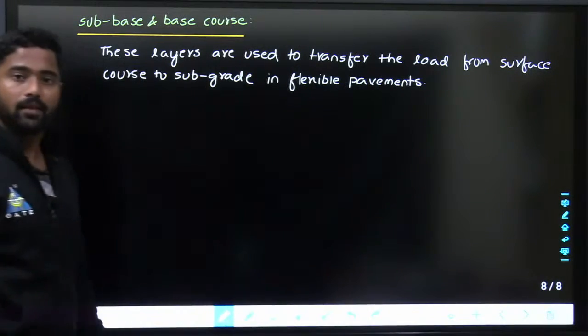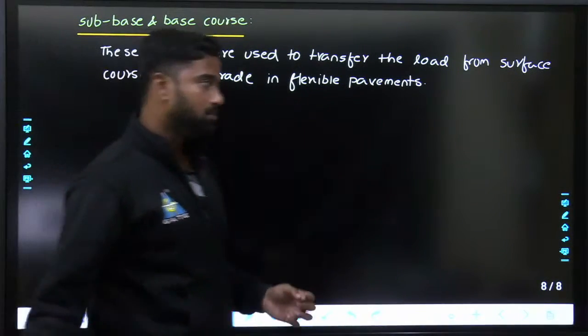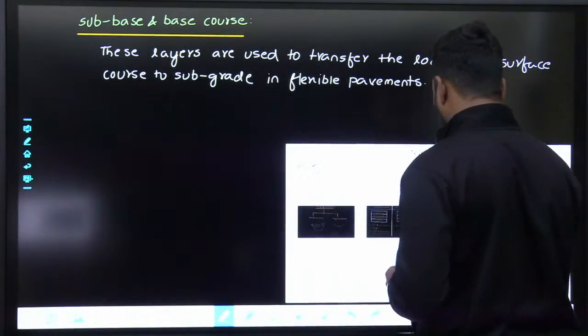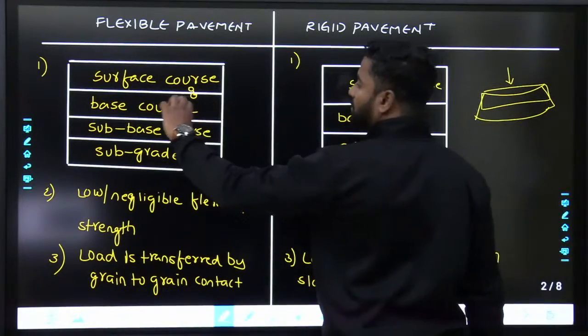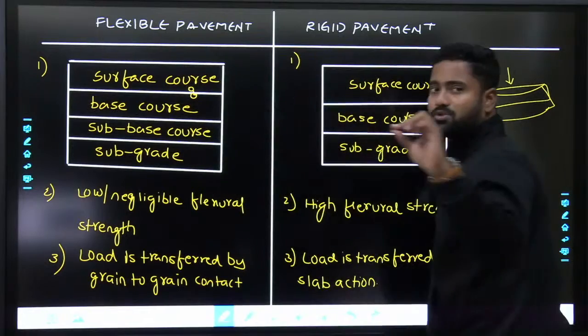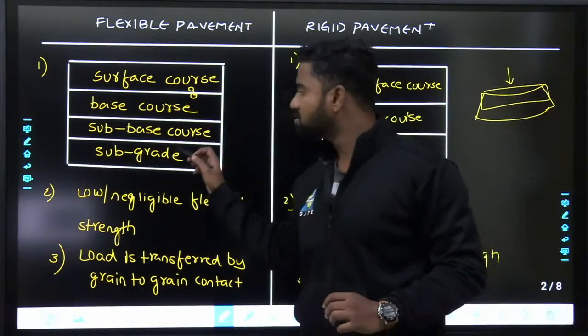That means in flexible pavement, if you see, subbase and base is provided over here. It is just used to transfer the load from surface course onto the subgrade.